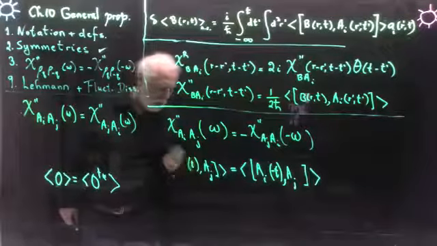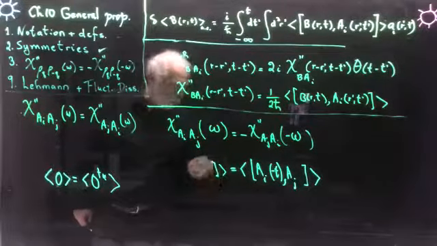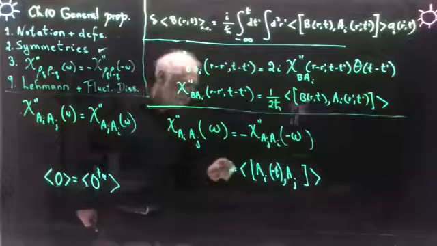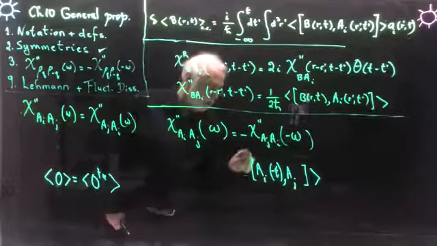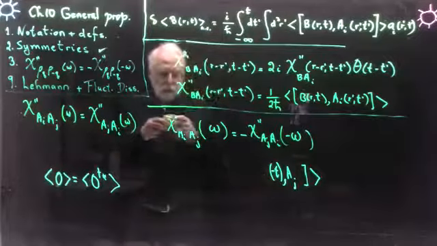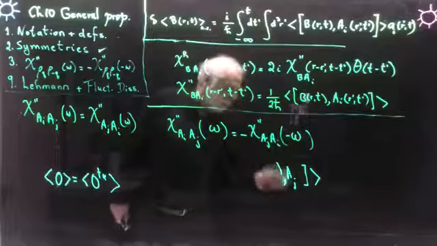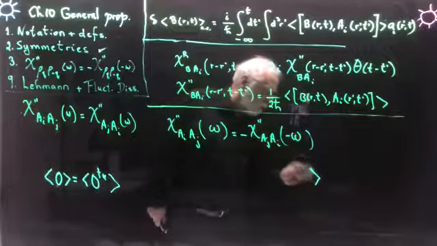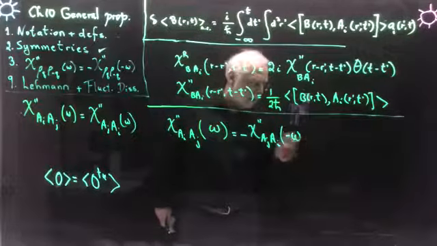So now we go to serious things. We go to the Lehmann representation. What I will show next time, Wednesday, will be some rules. These sum rules are related to the high frequency behavior of correlation functions, which in turn are related to equal time commutators.